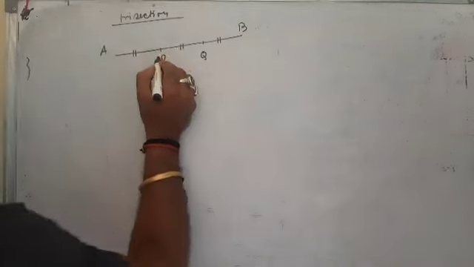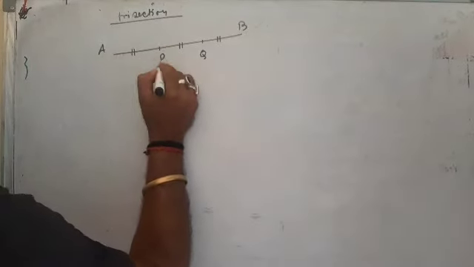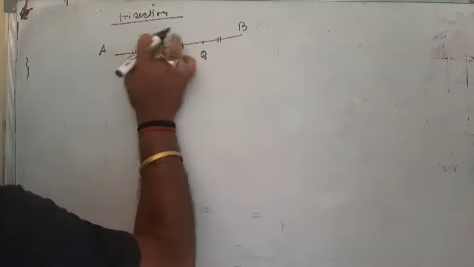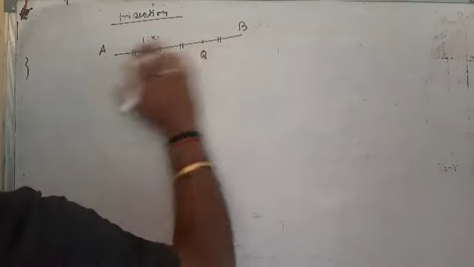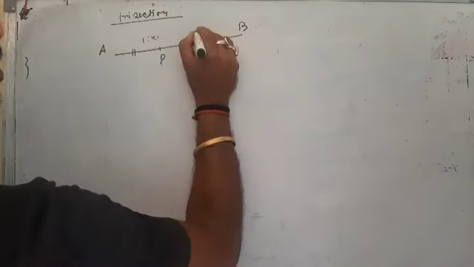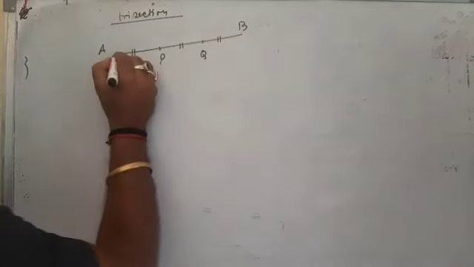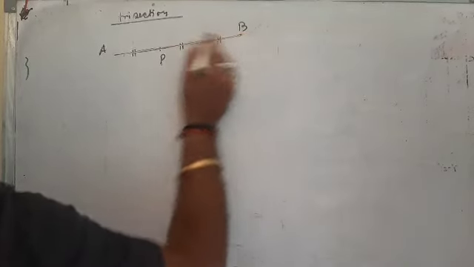So that means individually, this P divides the line AB in 1:2 ratio, and individually Q divides the line AB in 2:1 ratio. Okay, how? Because AP is equal to PQ is equal to QB, because P and Q divide AB in three equal parts.